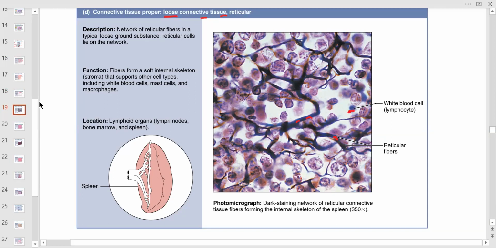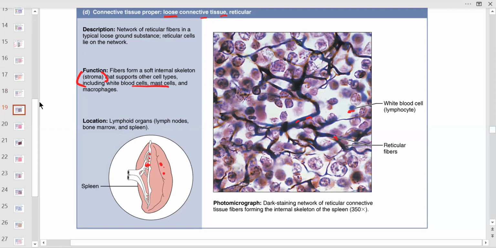So this is like the steel that holds the organs to the spine or to the back. Within the organ, you have the areolar connective tissue, but here you have the real steel that really holds it up and gives it support. So this is the stroma.